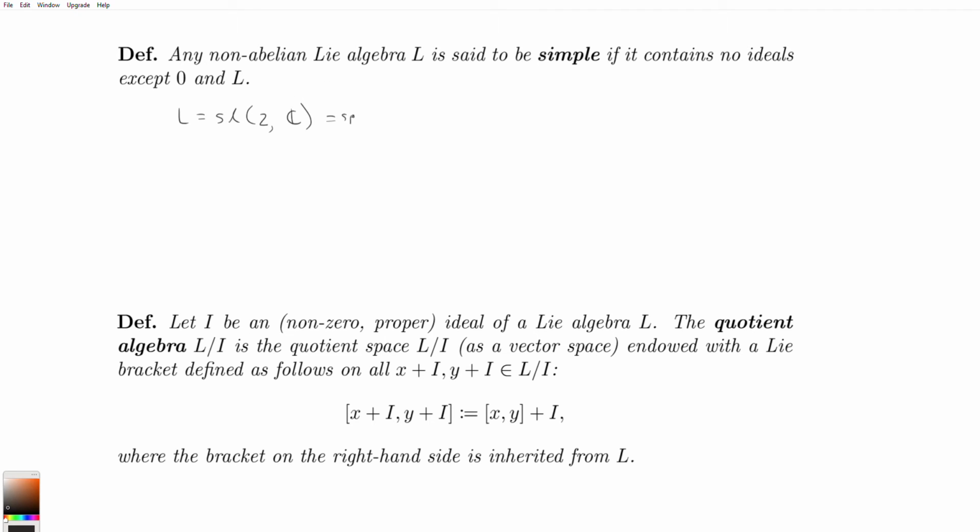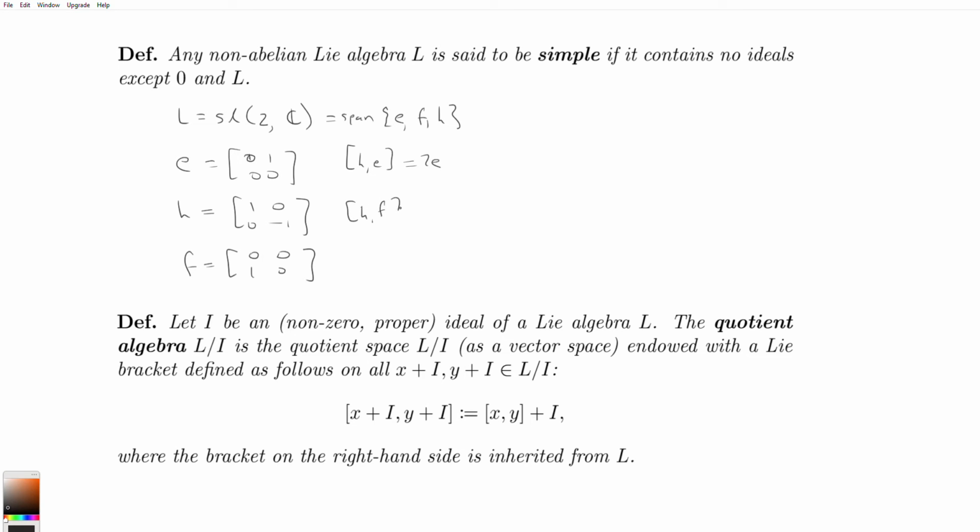This is equal to the span of E, F, and H, where E is equal to [0, 1; 0, 0], H is equal to [1, 0; 0, -1], and F is equal to [0, 0; 1, 0]. And recall the commutation relations, which are [H, E] is equal to 2E, [H, F] is equal to minus 2F, and [E, F] is equal to H.